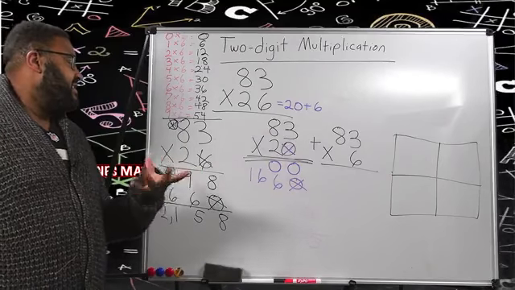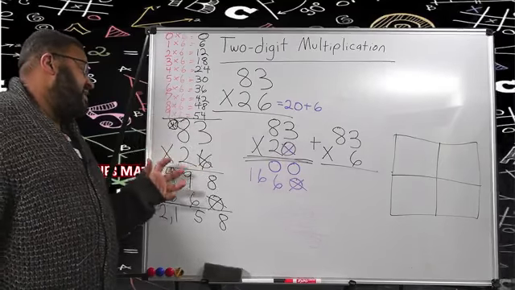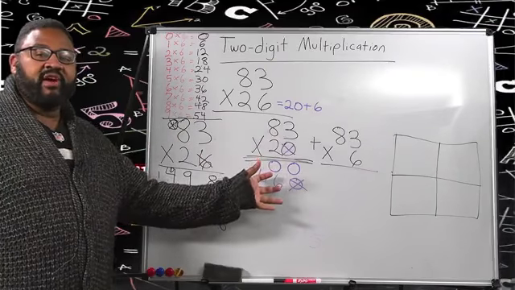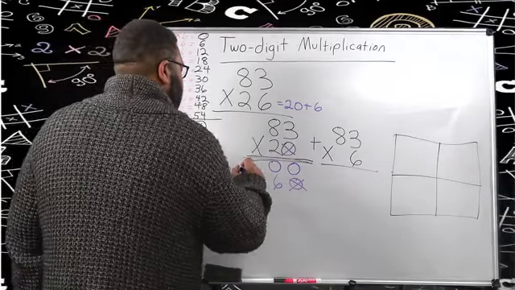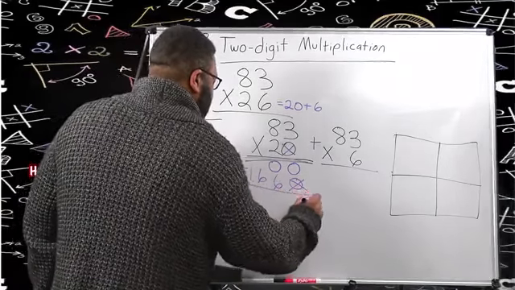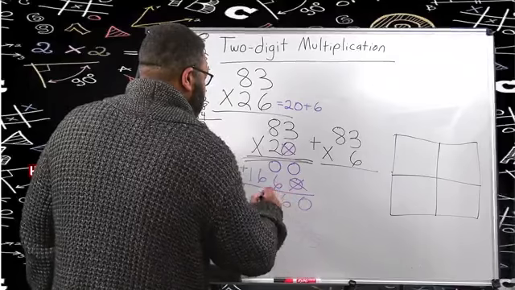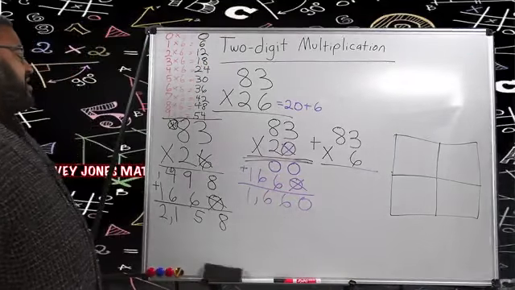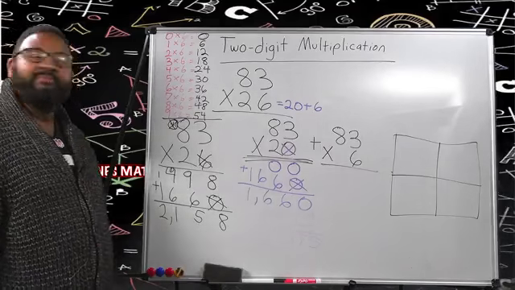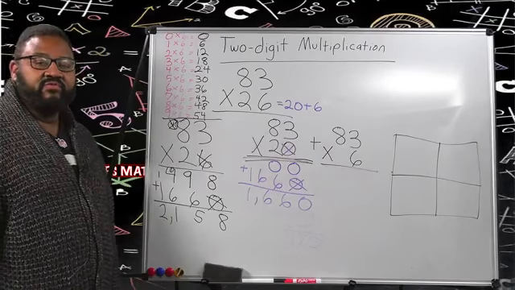Once again, this is the modified traditional way right here. This is what Daddy taught me. And you add this, and you get 0, 6, 6, 1. And my answer here would be 1,660. I'm not done yet, though.